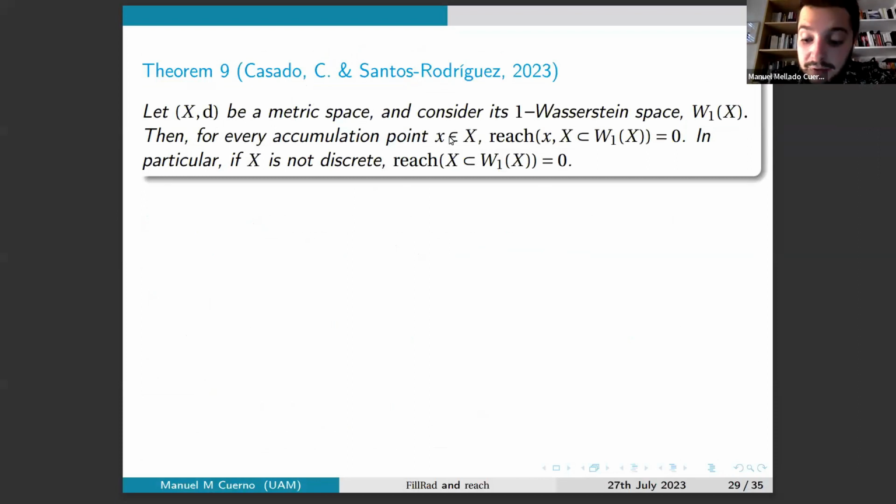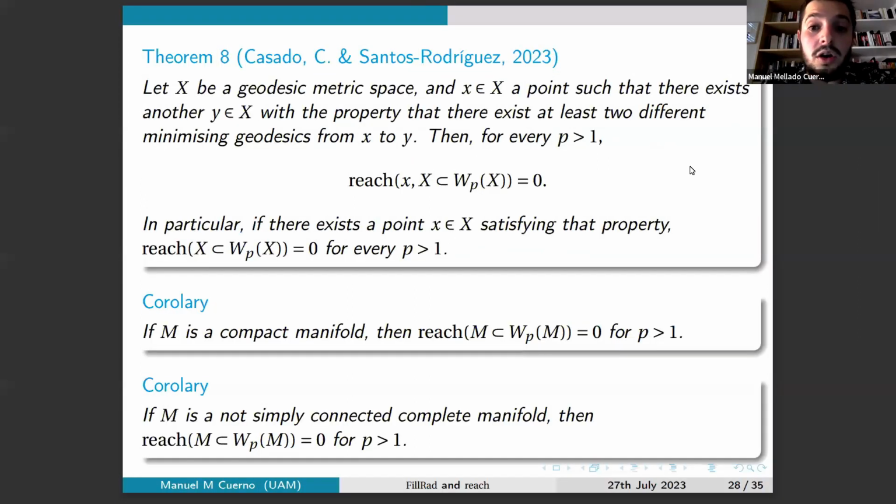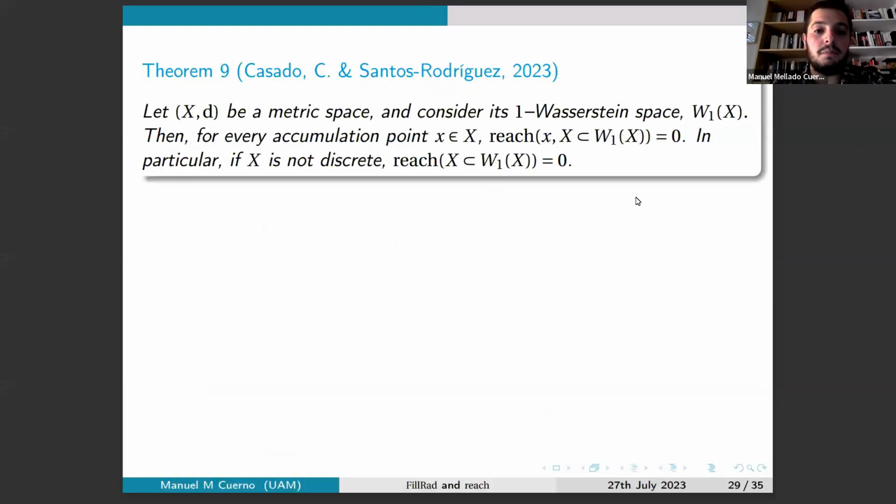Now, if you have seen, we are always working with p greater than 1. What is the reason? Because if we fix p equal to 1, any metric space has reach 0. The proof is the same as in the L infinity case.